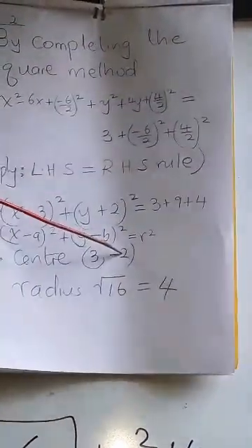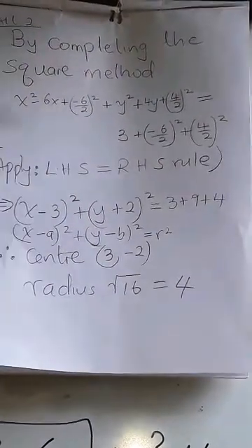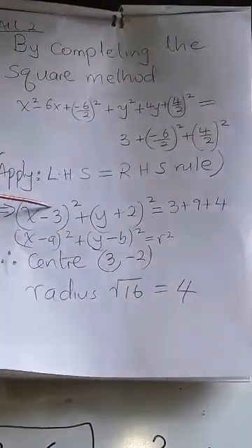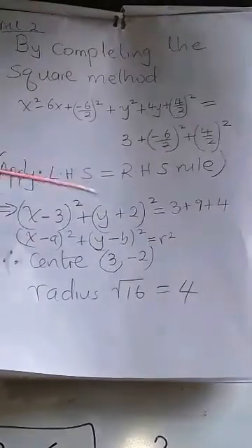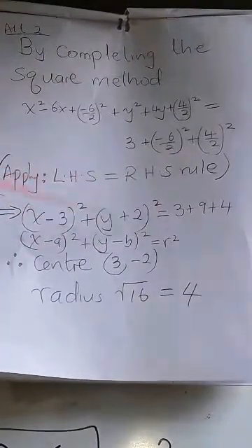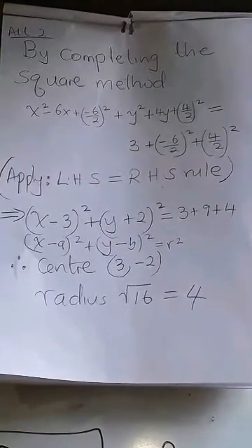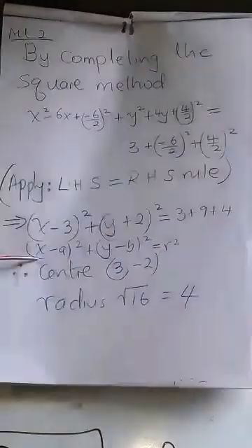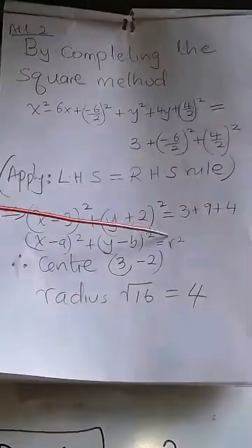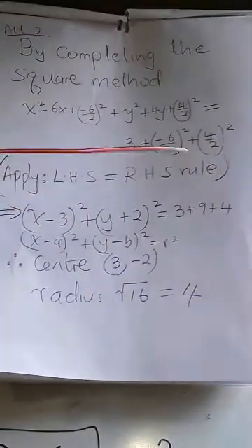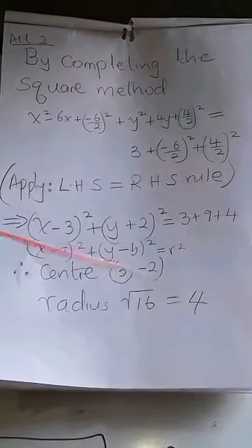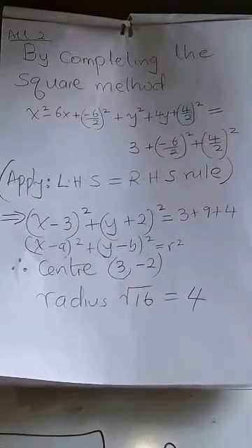So b is negative 2. Alright? Notice minus a is equal to minus 3. So a is 3. Minus b is positive 2. So b is negative 2. So the center is (3, negative 2). So we have compared with the other equation. Then the radius, if r squared is 16, then the radius is the square root of 16, which is 4.